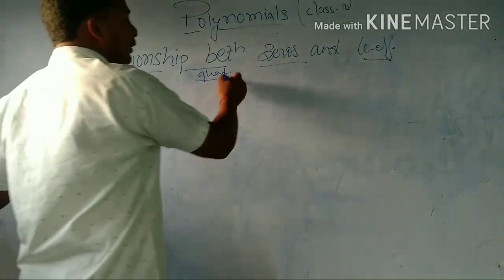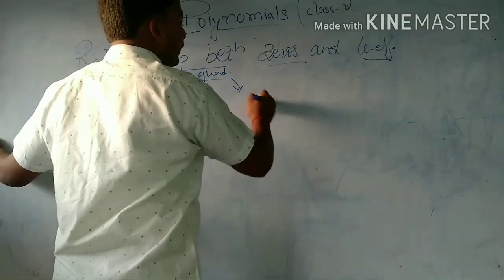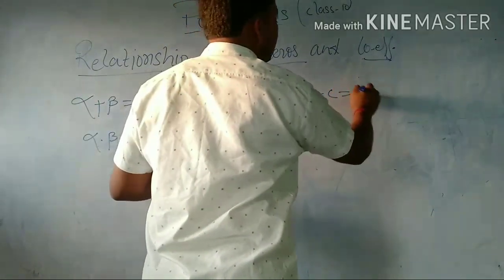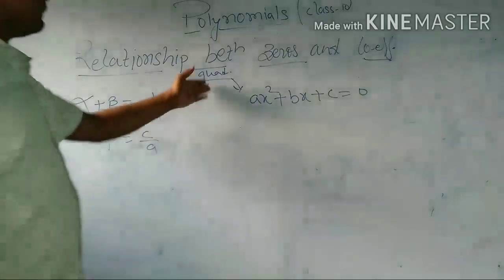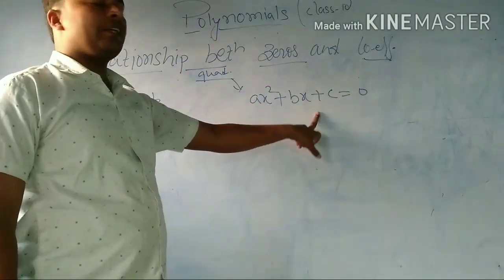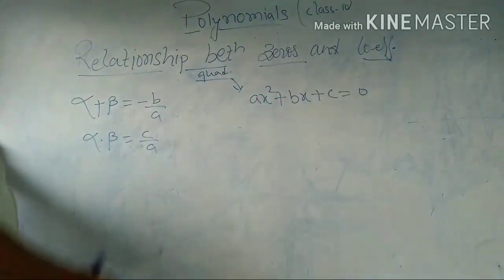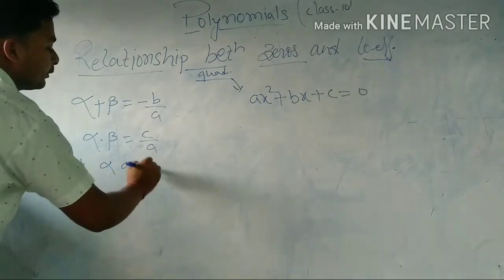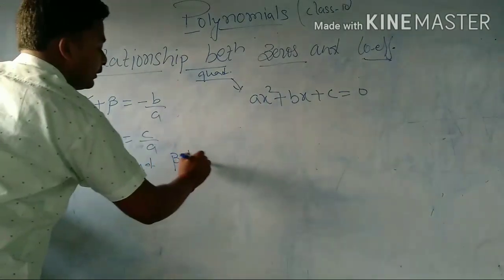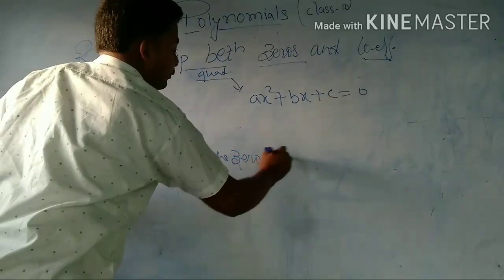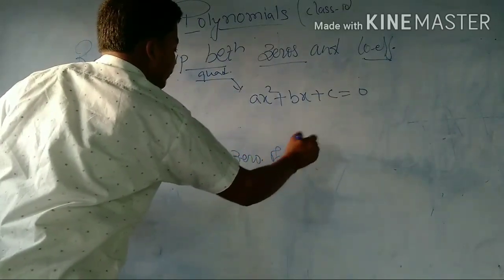Any standard form of the quadratic equation is written as ax square plus bx plus c equal to 0. So this is the standard form of the quadratic equation, ax square plus bx plus c, that is equal to 0. Now let alpha and beta be the zeros of the quadratic polynomial.